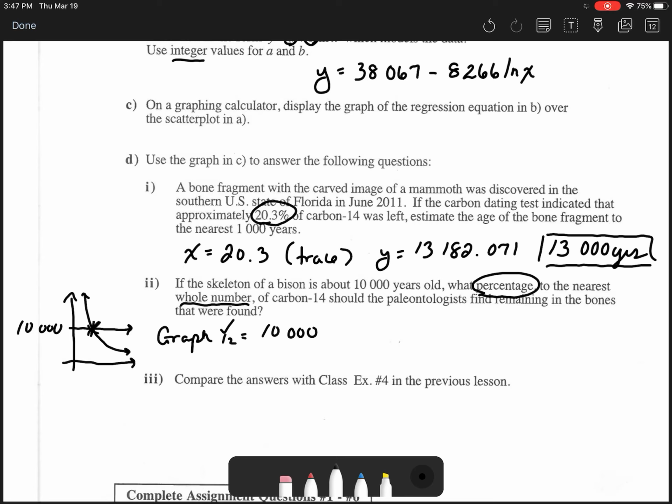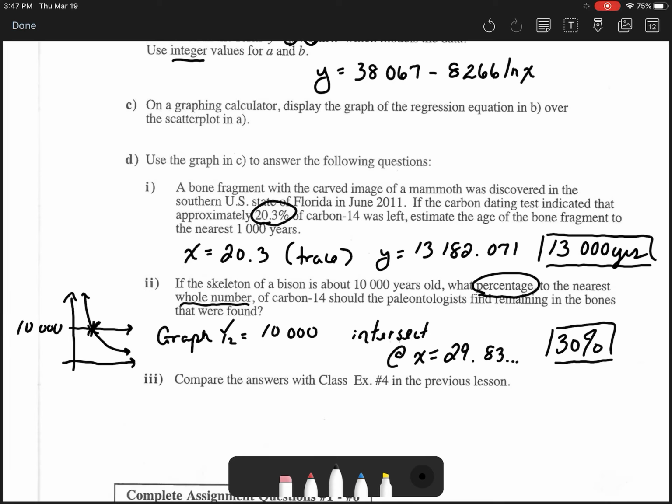They are going to intersect, just like we did last day, at an x value equal to 29.83, etc. They want this to the nearest whole number, so it will be rounded to 30%. And there's your answer.